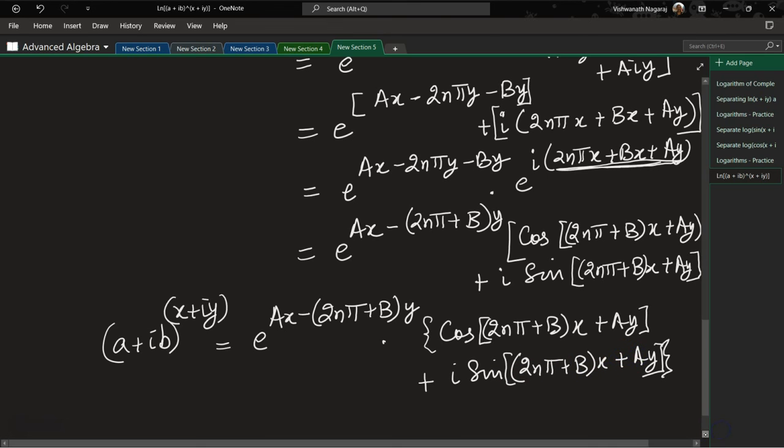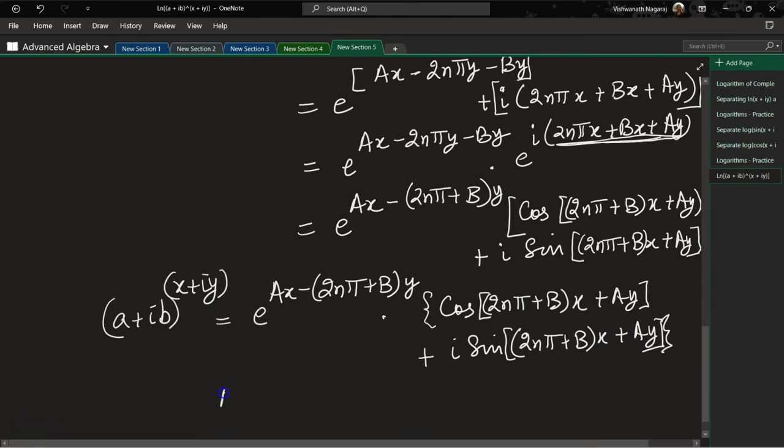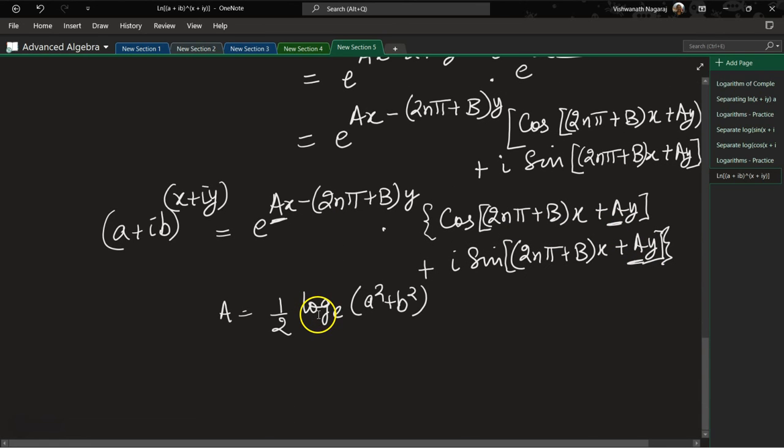And here remember, A is equal to half of log e of (a square plus b square), right? So in all those places we have to actually put this value. And B is equal to tan inverse of b by a.